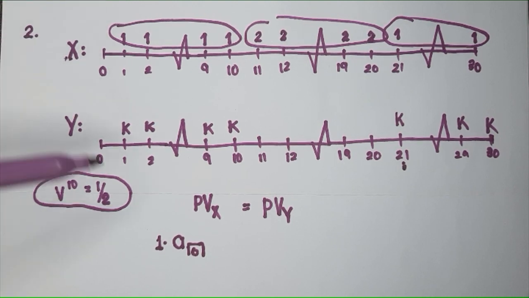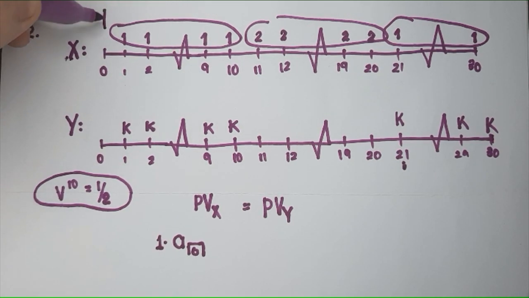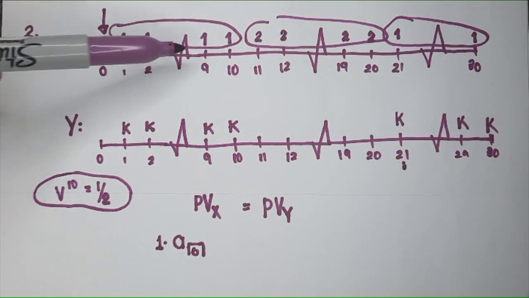So, 1 times a angle 10. It's an annuity immediate.